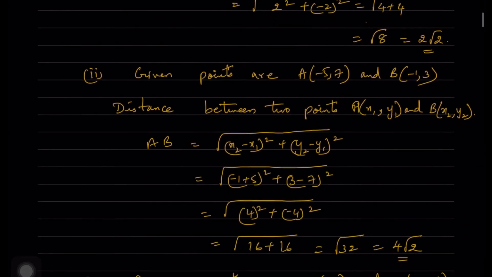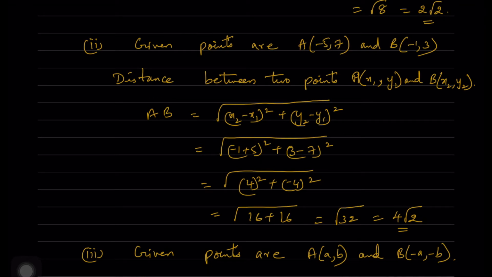Now next, given points are A (minus 5, 7) and B (minus 1, 3). Distance between 2 points A (x1, y1) and B (x2, y2): AB is equal to root of (x2 minus x1) whole square plus (y2 minus y1) whole square. Here we are taking this as x1, this is y1, x2 and y2. So substituting, x2 is minus 1, x1 is minus 5, so minus of minus is nothing but plus.